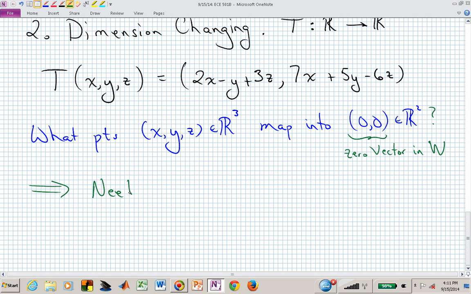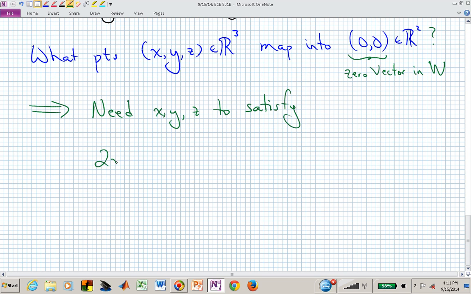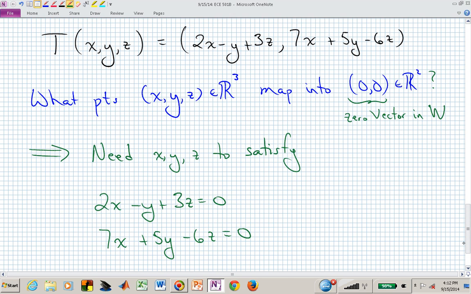We now need x, y, and z to satisfy 2x minus y plus 3z equals 0 and 7x plus 5y minus 6z equals 0. Hopefully I wrote those down consistently. And what do you think by looking at that? Is that doable?